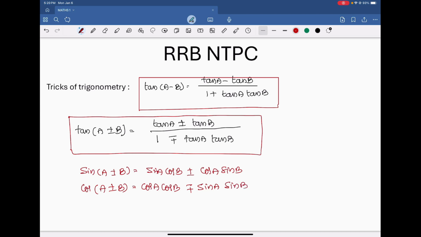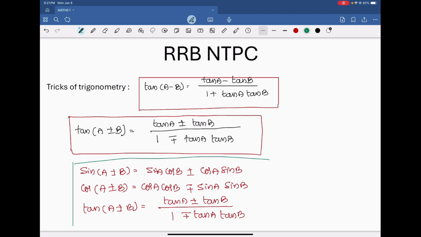Tan A plus or minus B is equal to tan A plus or minus tan B divided by 1 minus or plus tan A tan B. These are the three important basic formulae for compound angles.